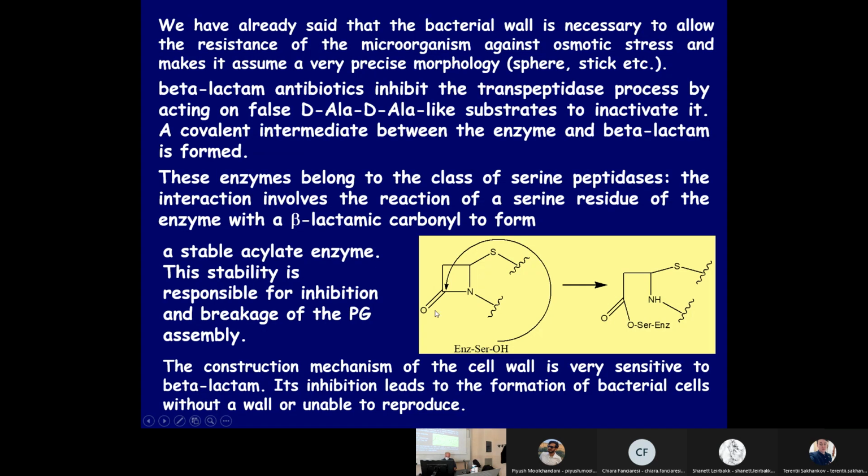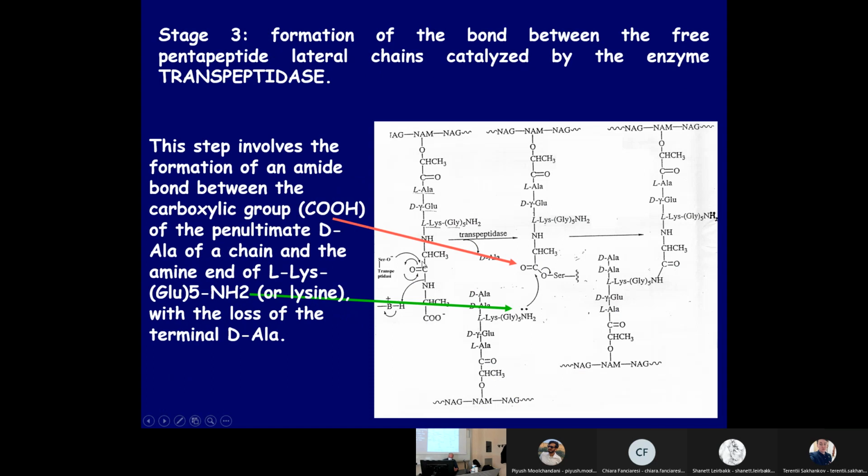Here you have a 4-member ring, a constrained ring, very reactive, and this carbonyl group looks like the last amido group of the peptidic chain.